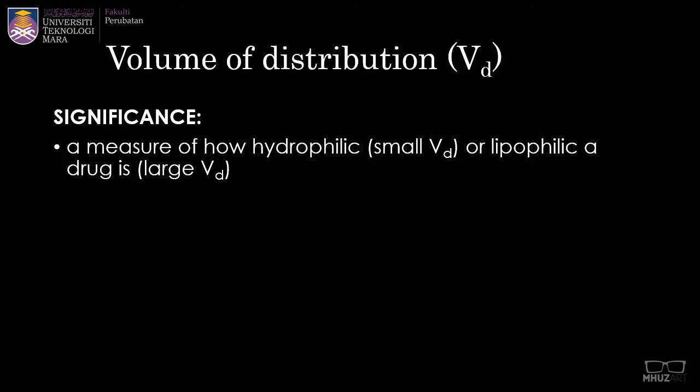Whereas a very lipophilic drug, a drug that literally hates water, will redistribute into the tissue more readily, therefore will have an apparently large VD because it is contained in a much larger volume.